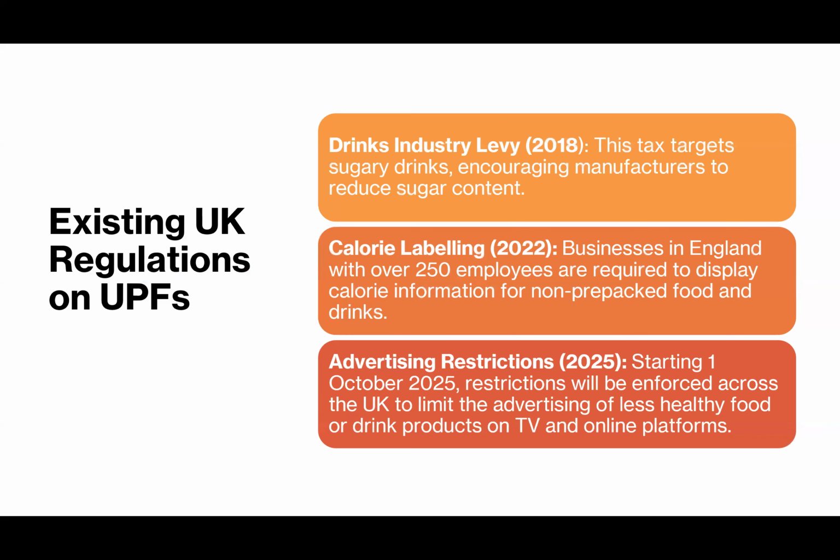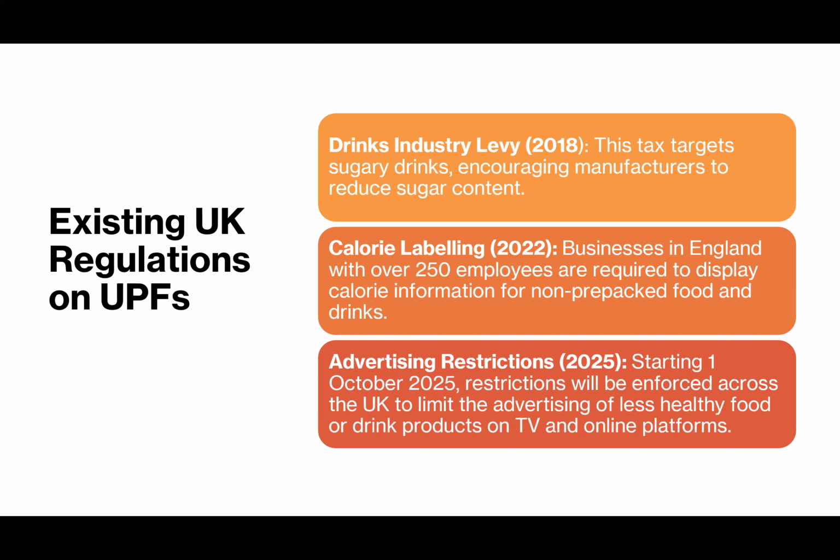So what do the UK and the government do about it? In 2018, they put a levy tax on sugar drinks, to get, of course, more money, because we're going to lose so much money on them. In 2022, the government introduced labeling: businesses in England with over 250 employees are required to display calorie information for not pre-packed food and drinks.